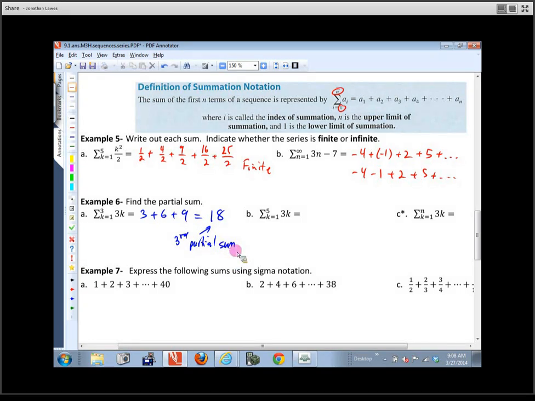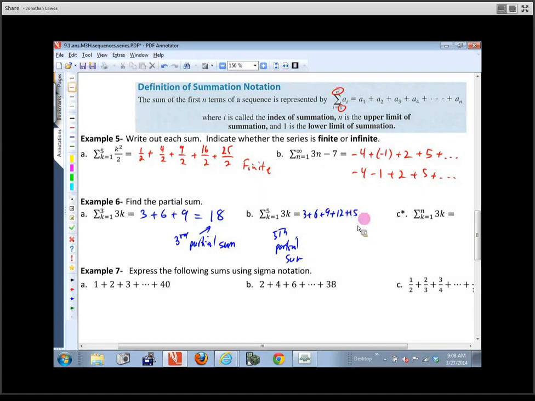Any ideas why it's the third partial sum? Because you added up the first 3 terms. So if this is the third partial sum, what's this one going to be called? Okay, this is going to be the fifth partial sum. So we get 3 plus 6 plus 9 plus 12 plus 15.